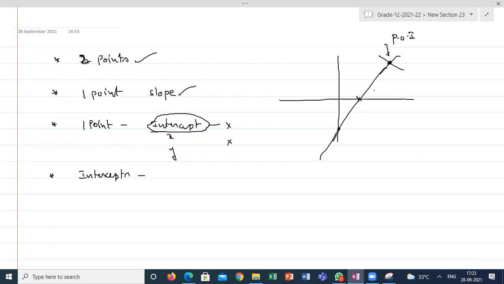It can't intersect again. Suppose I'm drawing a line, this line can intersect the y-axis and x-axis only at one point. So if a line is intersecting the x-axis and y-axis, the points at which it intersects are called intercepts of the line.